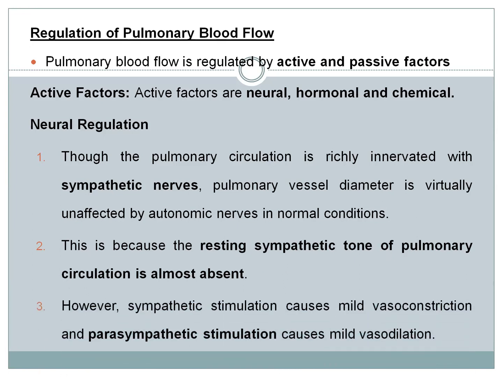But the sympathetics cause mild vasoconstriction, and the parasympathetic stimulation causes mild vasodilation. Very rarely it is seen, but they can cause these types of reactions, like mild vasoconstriction whenever the sympathetics are stimulated, and vasodilatation, which is again very mild in cases of parasympathetic stimulation.